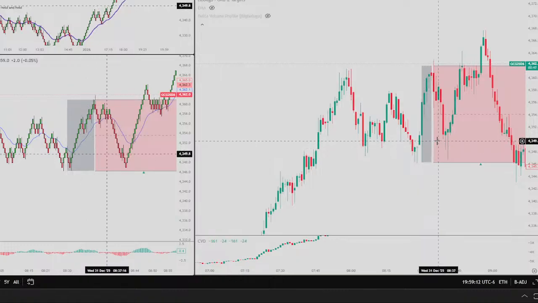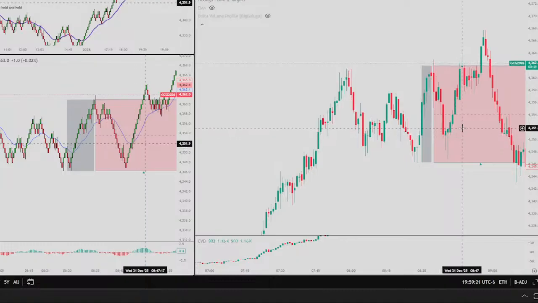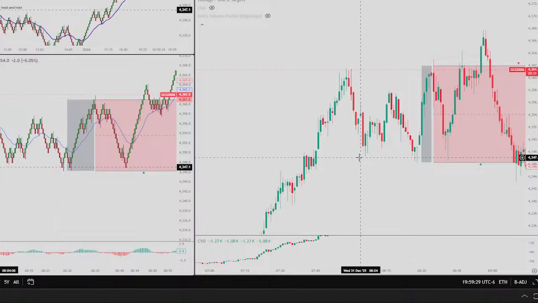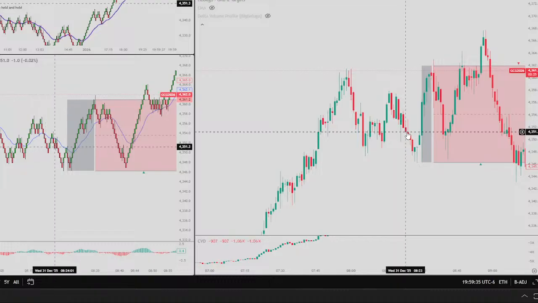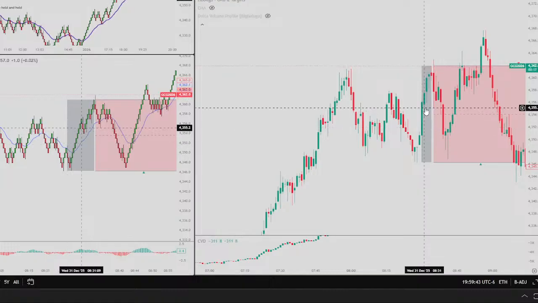I don't know how accurate that is. That would seem to be lower volume than currently right now. That's probably accurate. Okay, very low volume. See, look at all this volume pre-market, and then we get into the open, and this candle had 300 on the CVD, which is wild.